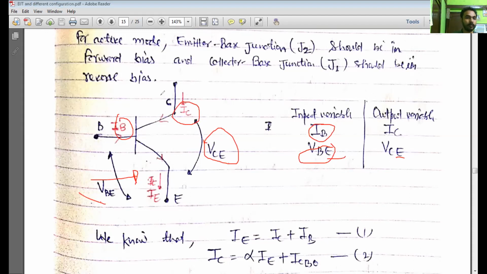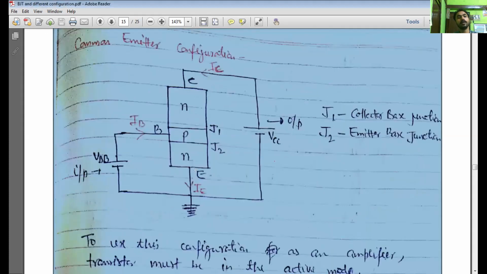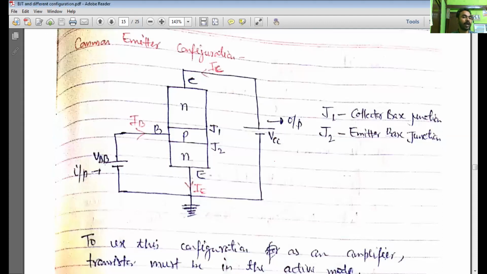So now you got the input variables and also the output variables, right? I told you previously in the last section also that when I make a circuit diagram here, I do not write VBE, I write VBB. I understand you have well understood why I have written VBB here, because this is not VBE.